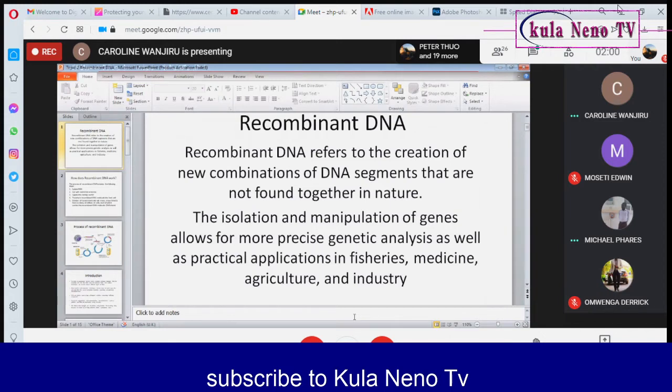So now let's get to the proper introduction. So basically now this is the write-up of what I was saying. That once you identify your gene of interest, you know where you want to get it from, if it's a human DNA, if it's a plant DNA, if it's an animal DNA, you know where to get it.